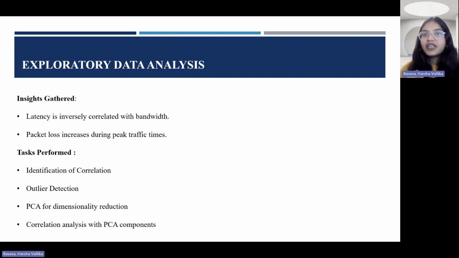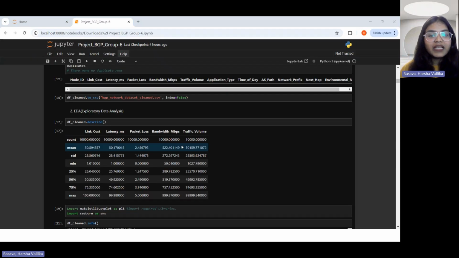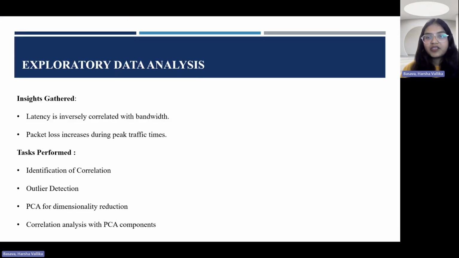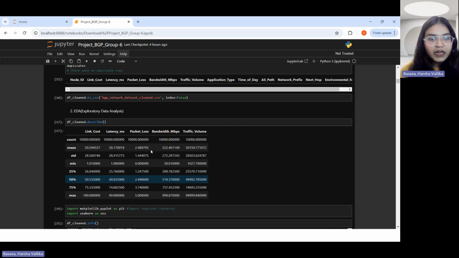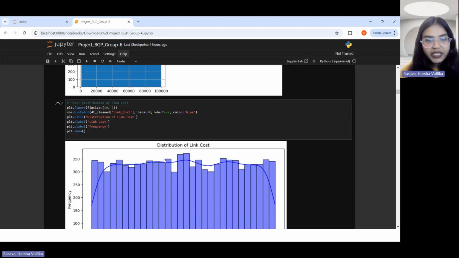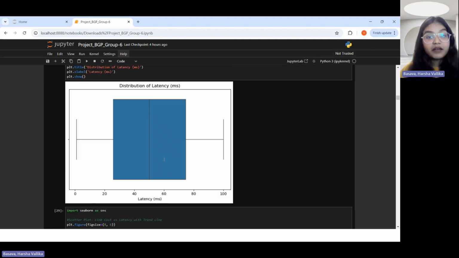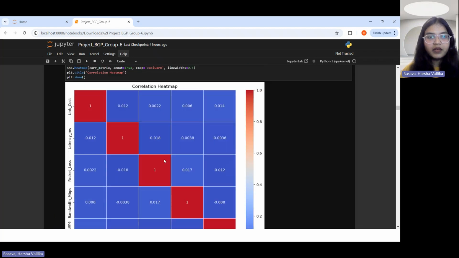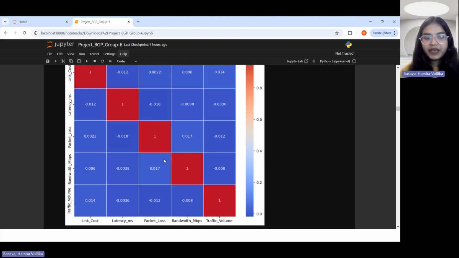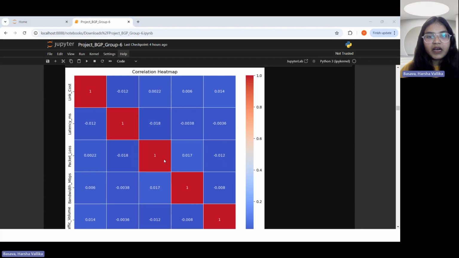We also understood there is high packet loss during the peak hours. When there is a lot of data transfer, there is a high chance of data being lost. Let me quickly show you the correlation heat map. Yeah, it's over here. This is the correlation heat map that we have plotted.